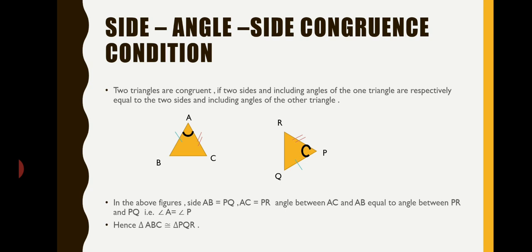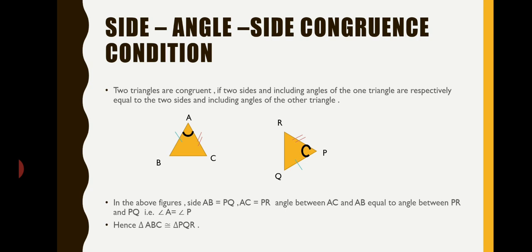Here, we see AB is equal to PQ and AC is equal to PR, and the angle formed by AB and AC, which is angle A, is equal to the angle formed by PQ and PR, that is angle P. So see, the two sides and the angle between those two sides are equal.